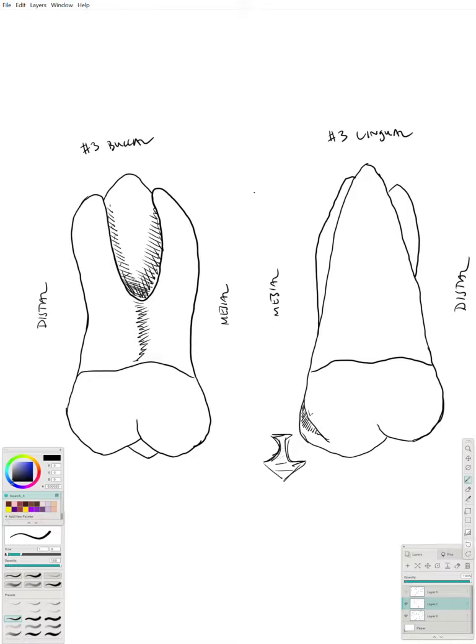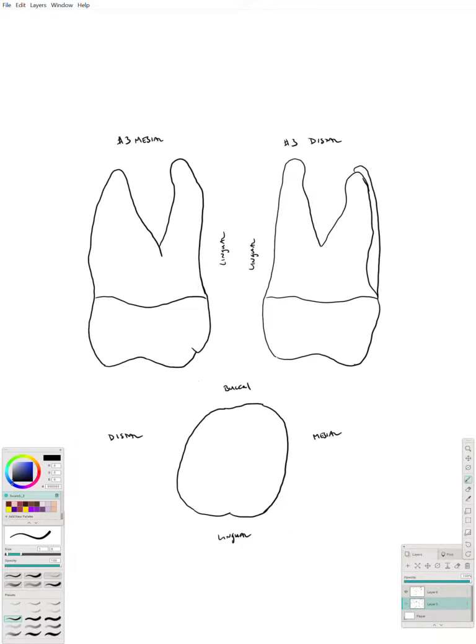So that pretty much does it for our lingual and buccal aspects. If we jump over into our other aspects here, we're looking at mesial, distal, and our occlusal aspects.